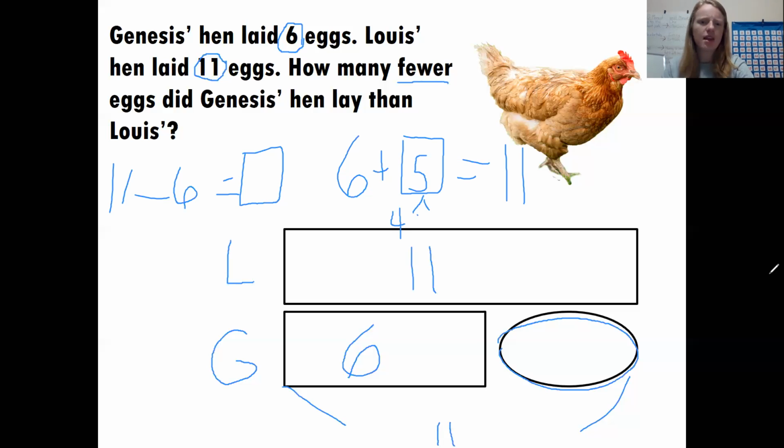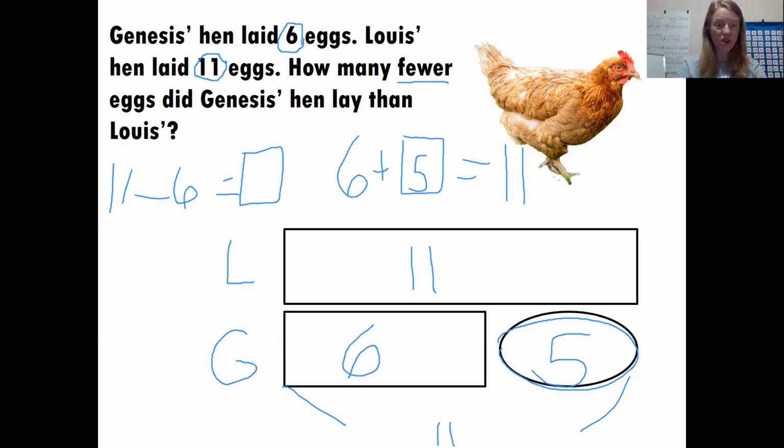And then how many more to get to 11? 1. And then I know that 4 plus 1 equals 5. So that's another way that Eureka taught us how to do it. Okay, so I know that Genesis's hen laid 5 fewer eggs than Lewis's hen.